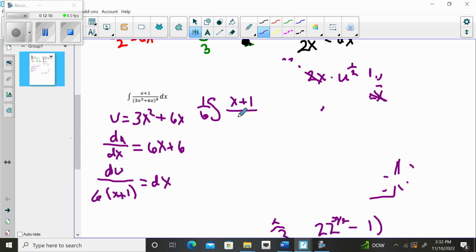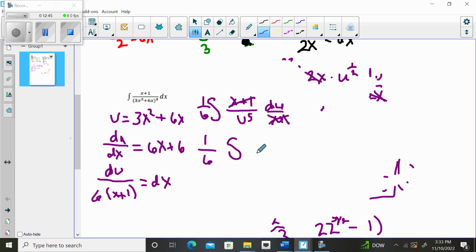Okay, and then I have u to the 5th, but I have du over, I already brought the 1/6 out front. I have du over x plus 1, those are gone. Okay, those are gone. U to the 5th is downstairs. Anything downstairs, I bring upstairs. So that is u to the negative 5th.